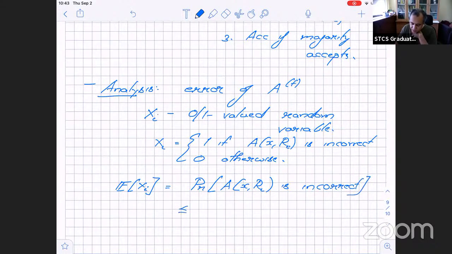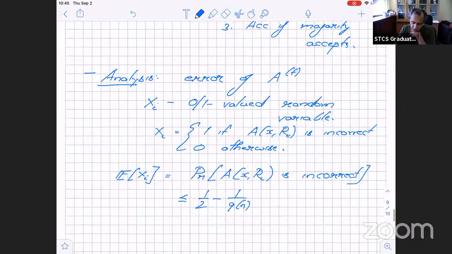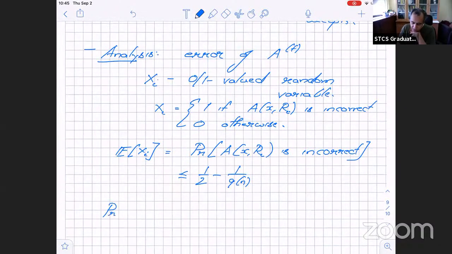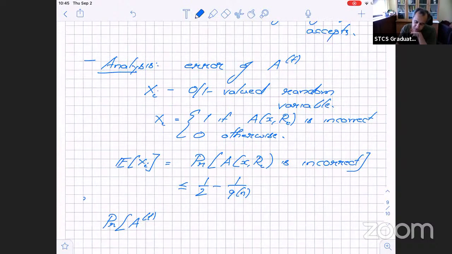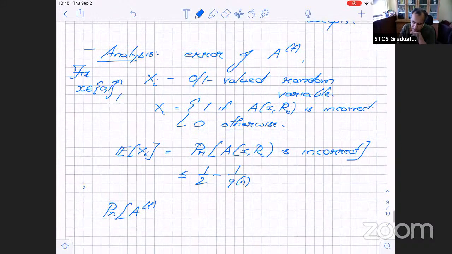And this we know is less than half minus 1 over Q of N. Now I want to ask, what is the probability that AT is incorrect? Fix a particular input X in S. Probability AT is incorrect on X.